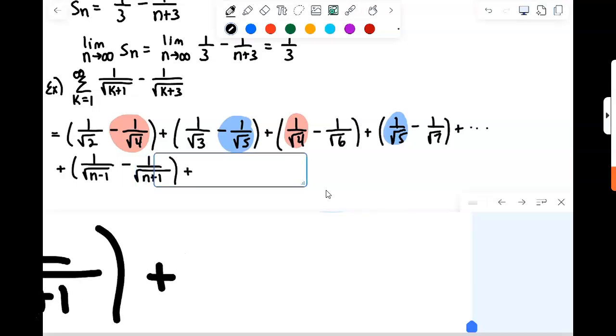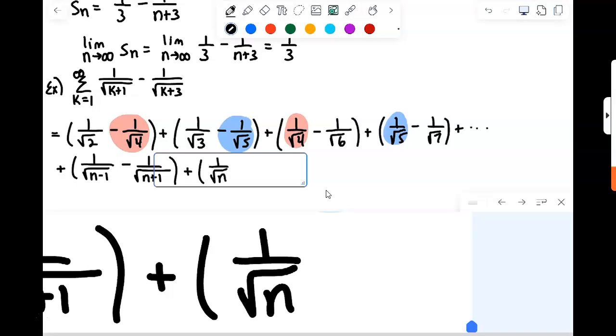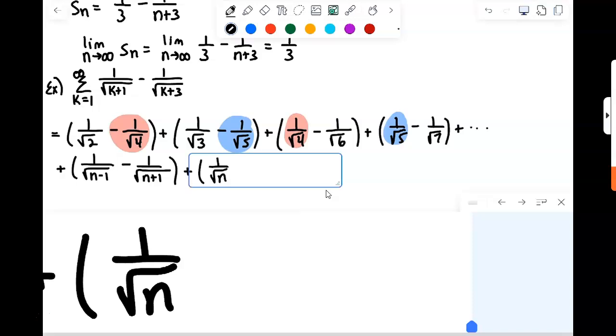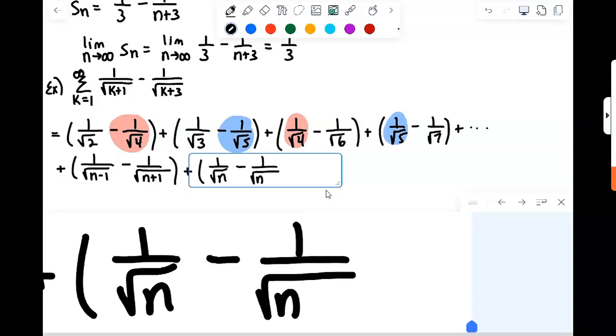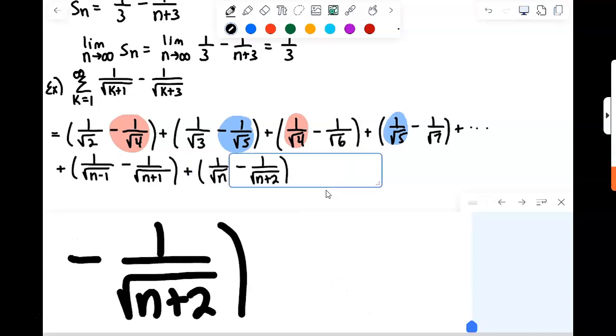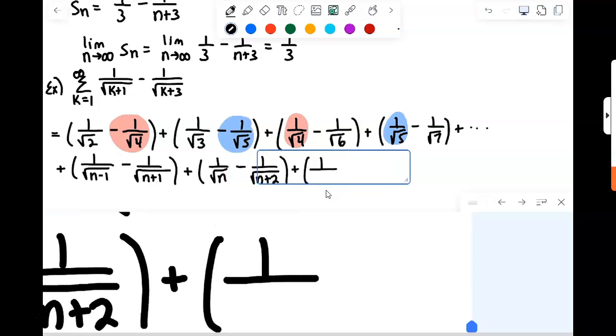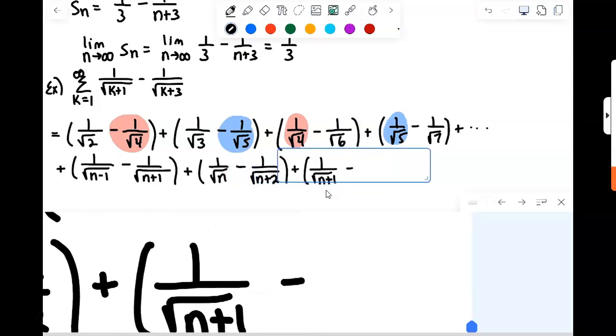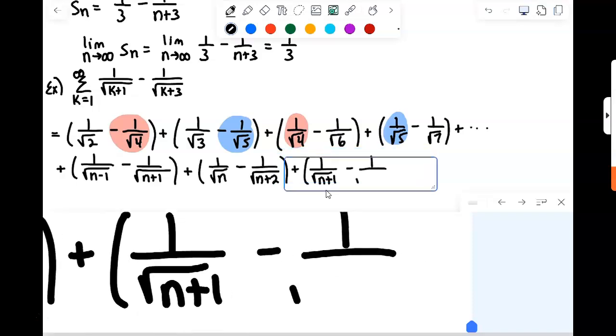Plus, now n minus 1: n minus 1 plus 1 would be 1 over the square root of n, minus 1 over the square root of n plus 2. And then finally we're equal to n. That would be 1 over the square root of n plus 1 minus 1 over the square root of n plus 3.